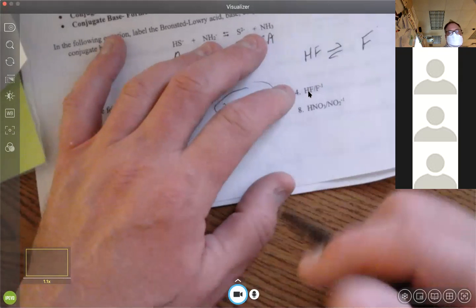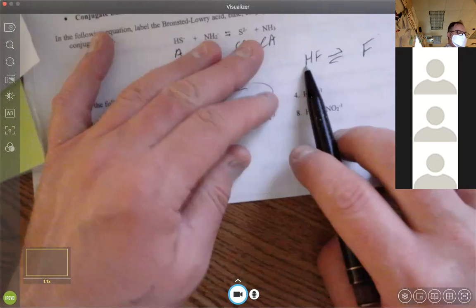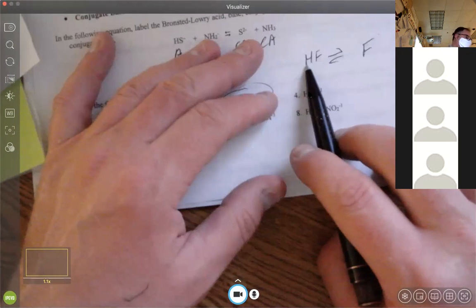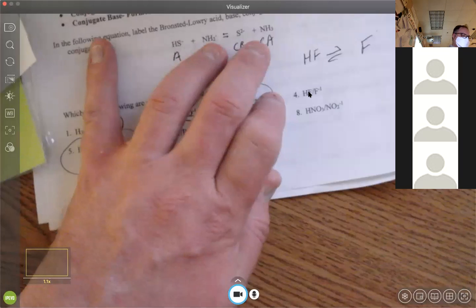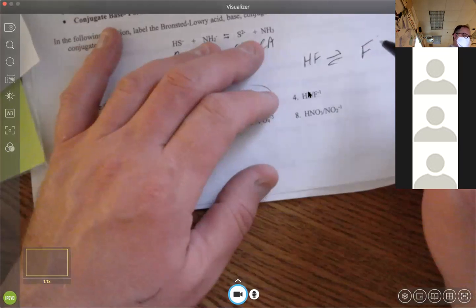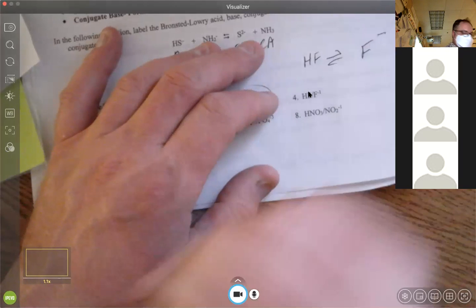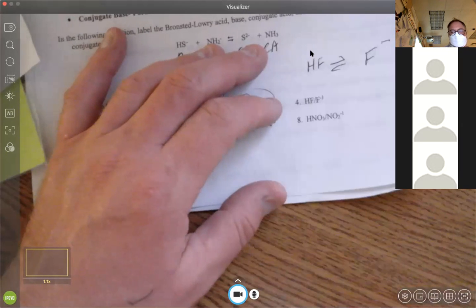But the H has a what charge? Plus 1. So this won't be just F, it'll be F what? Negative 1, because here it's 0. So if we take a look here, yes, these are conjugate acid-base pairs.